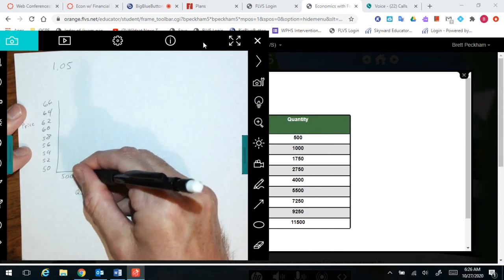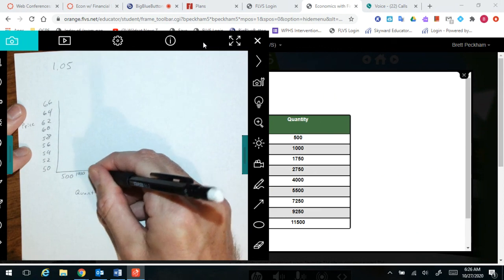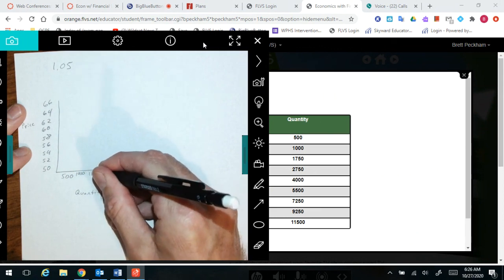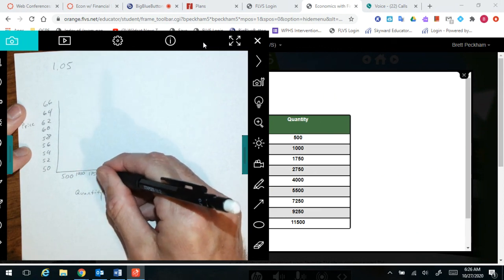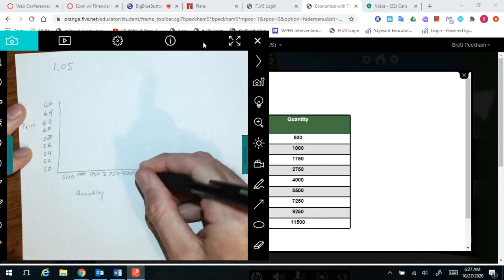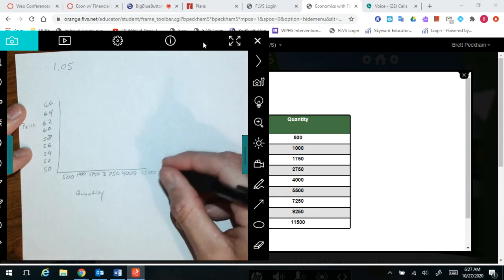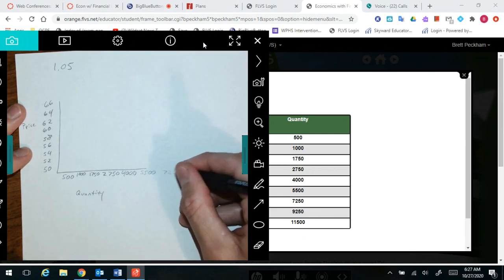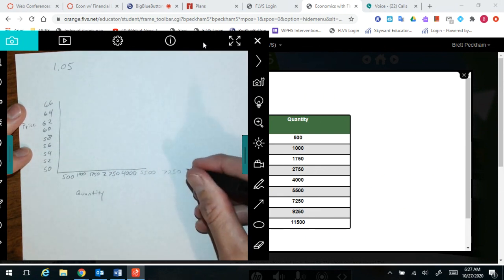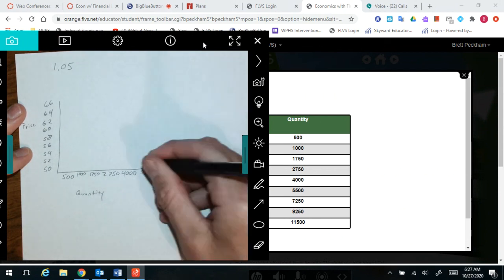So we got 1,000, 1,750, then it goes up to 2,750. Clearly, this is not linear. 4,000, 5,500, 7,250, 9,250, and then 11,500. We'll extend this one out.